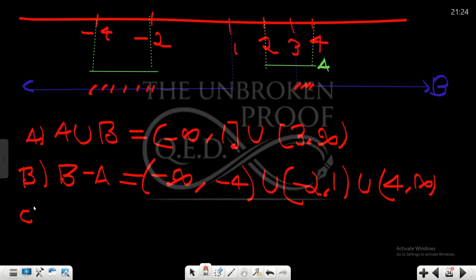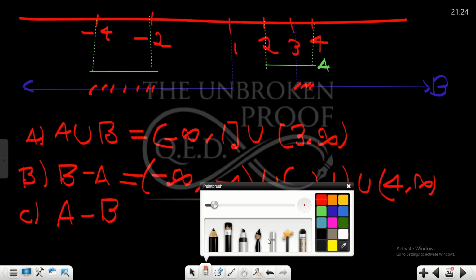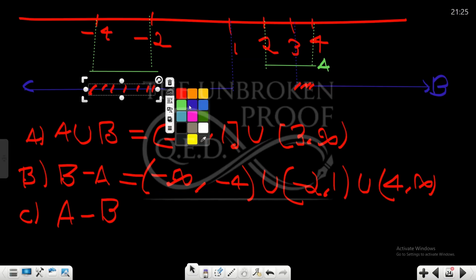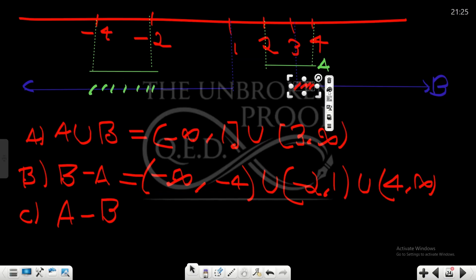Now option C says A minus B. A minus B means from A you have to remove the elements of B. If I show B in blue, A will be in green. Now if you have to remove elements of B from A, then this will be like this.